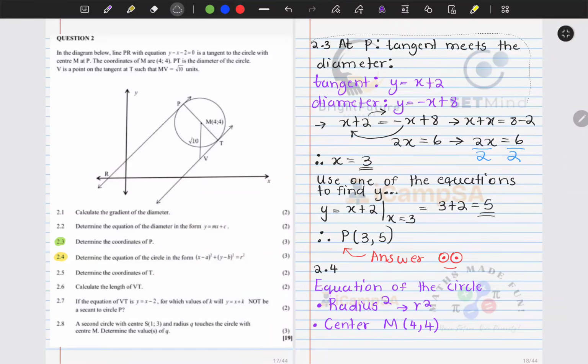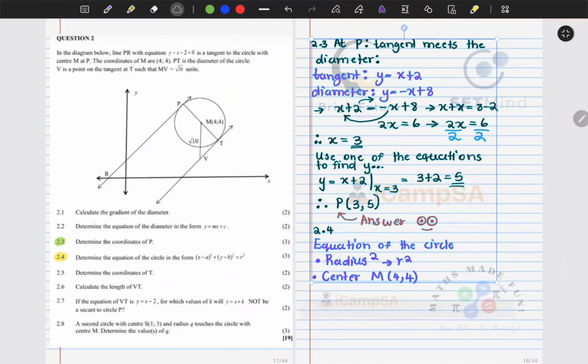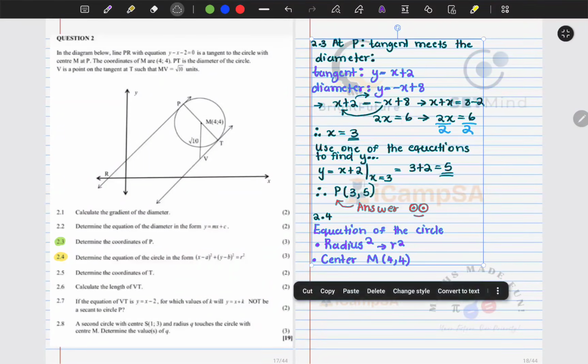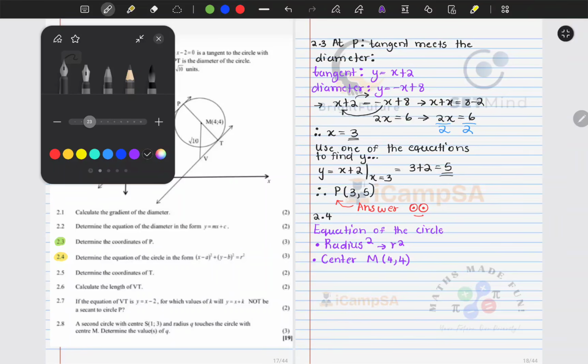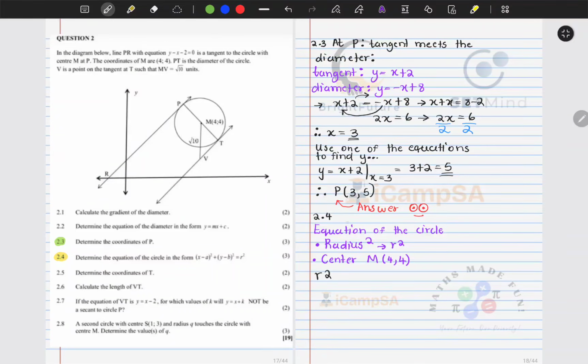So let me create some space here, and we see if we can squeeze the radius here. Right. So if we try and find the radius, you'll see that our radius squared is essentially the distance from M to P. Okay. So what is that? From M, we have an x value of 4.